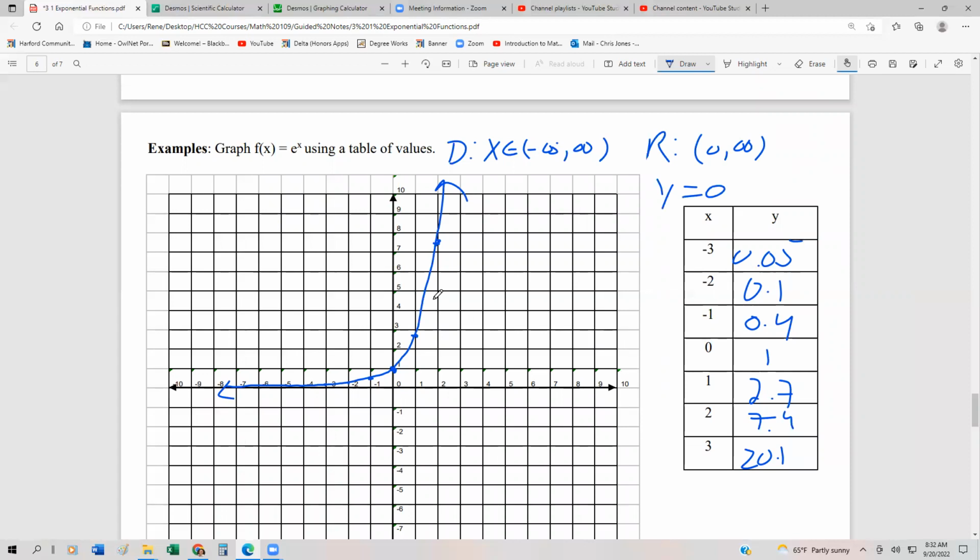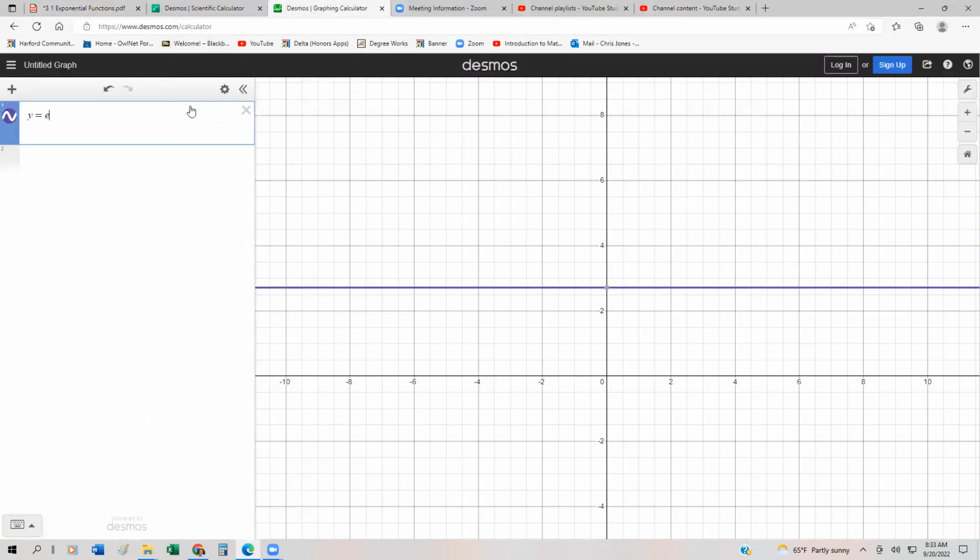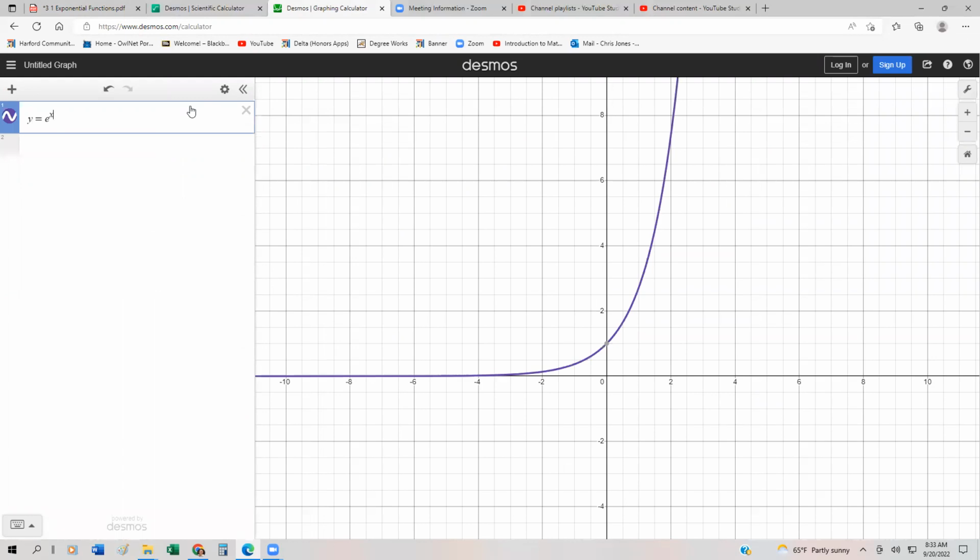One last thing that I'm going to do with this is graph 3 functions. I'm going to graph e to the x, 2 to the x, and 3 to the x on the same graph. So I'm going to say y equals e to the x. And just a heads up, for those of you that are computer scientists, a lot of times in computer programming they'll use exp of x to represent e to the x.